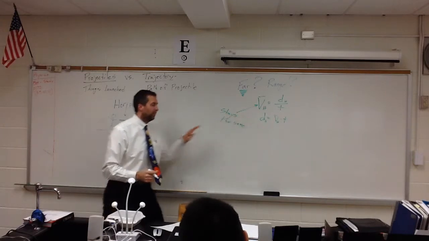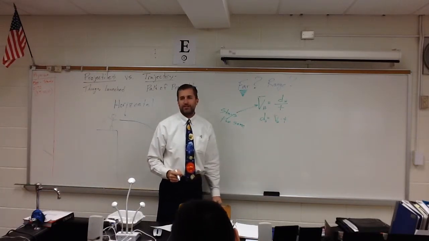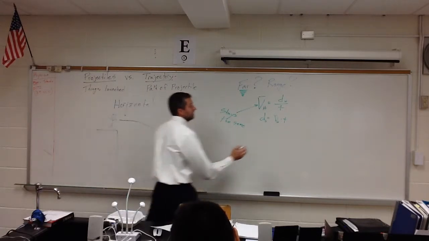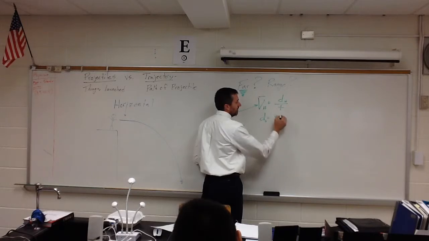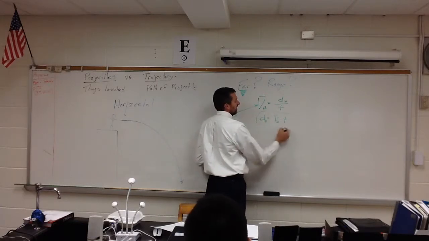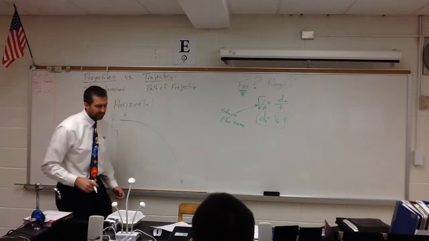But when we use it with projectiles, to remind ourselves, we're going to put the little H's there. So if you wanted to know how far the thing went, you just take how fast it was going when you let go, and you multiply it by how much time it was in the air. That's kind of our new equation, but it's not a new equation, it's the same old equation.